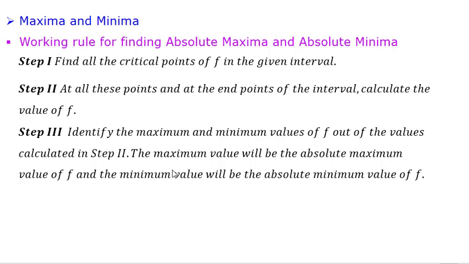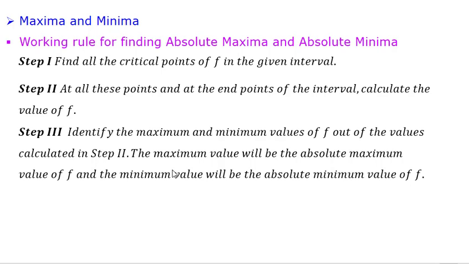Now here we have two methods of finding local maximum or local minimum values. One is the first derivative test and the other is the second derivative test. In the first derivative test we are differentiating the function once, equating it to 0, and finding the critical value. Then we are checking the sign of the derivative towards the left and towards the right of the critical value.